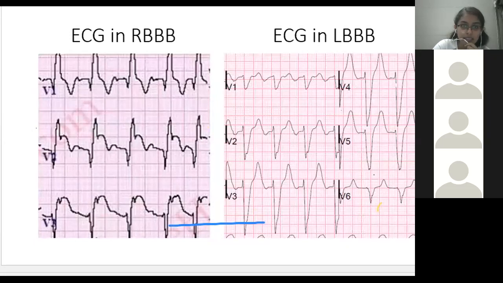You can see here the ECG in RBBB, in V1, V2, V3, there is an M shape. Why do you get this M shape in the R wave? As you know, the bundle of His is divided into two branches, the right and left. Now there is blockage in the right bundle branch.